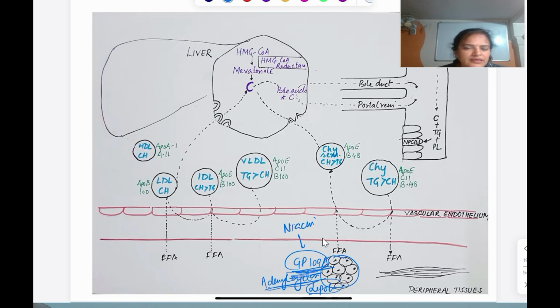Suppose lipolysis अगर fat में नहीं होती, with the lipolysis what is ultimately going to form is free fatty acid, and this free fatty acid is the precursor of triglyceride, which is taken up by the liver, and ultimately there is synthesis of VLDL. So what happens, niacin inhibits the lipolysis in adipose tissue.